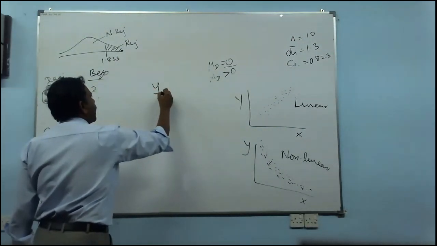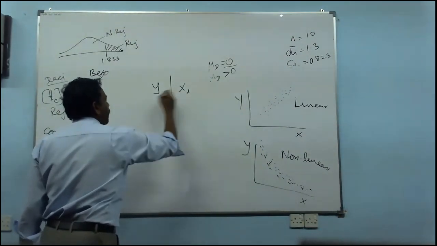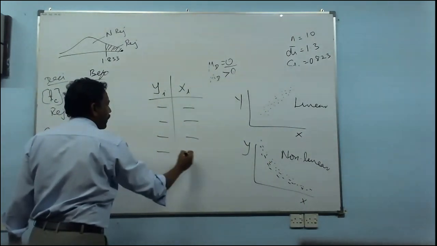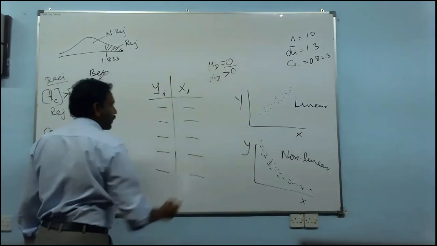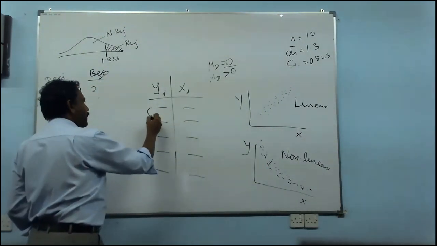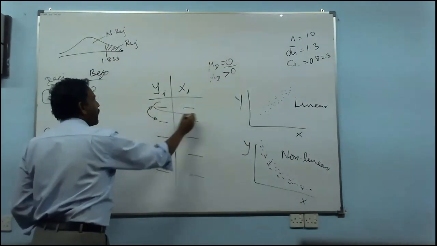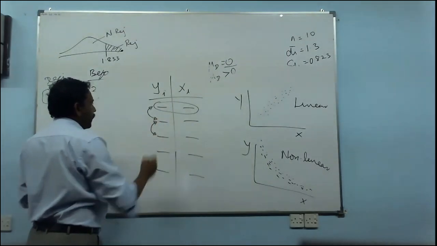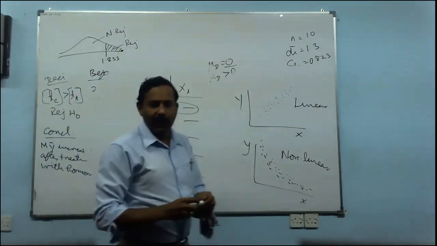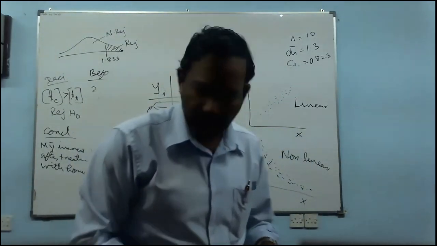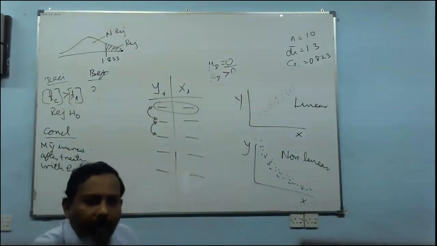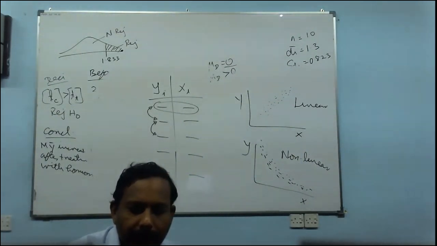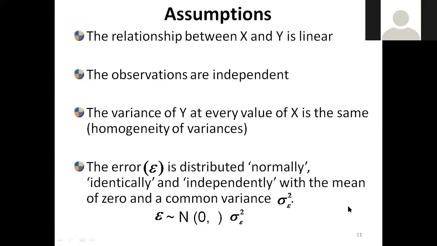We said yi, xi. Here we have values y1, y2, y3, y4, similarly x1, x2, x3, x4. These observations are independent. Here we have pairs of observations, but between these pairs, they are independent. This is what we call independent observations.